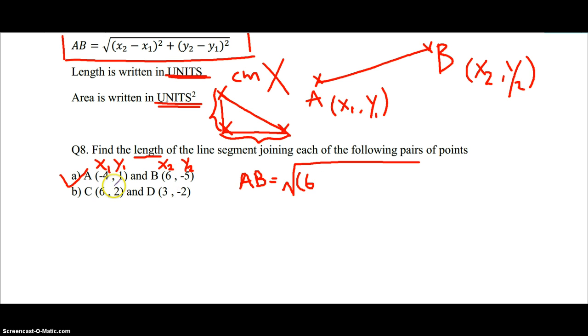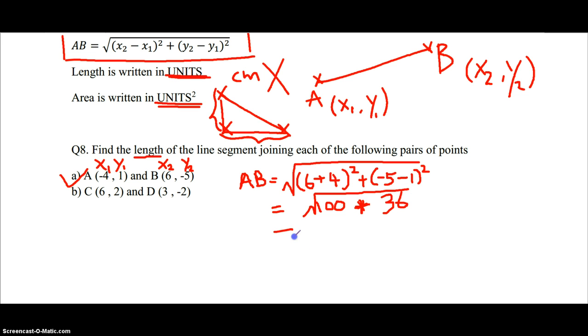It's 6 minus minus 4, which is 6 plus 4, squared, plus (y2 minus y1), so it's minus 5 minus 1, squared. Then you evaluate what is inside. 6 plus 4 is 10, 10 squared is 100. Minus 5 minus 1 is minus 6, squared is 36. Am I right? Yes, 36. Then you square root. Sorry, this is a plus and not a times.